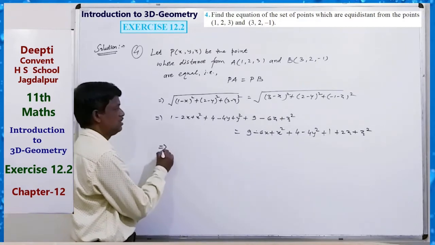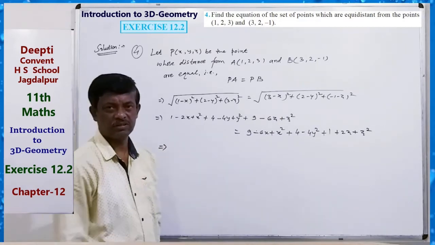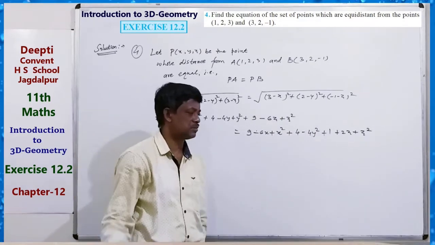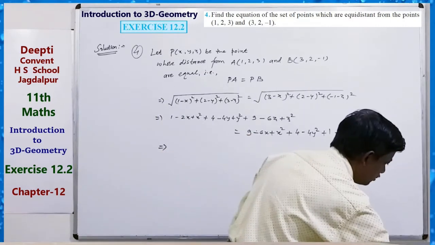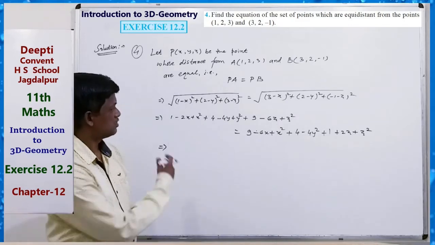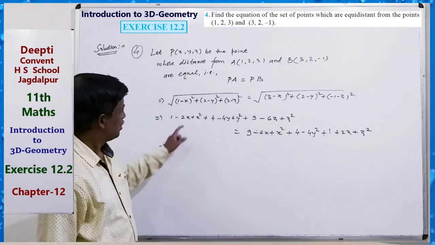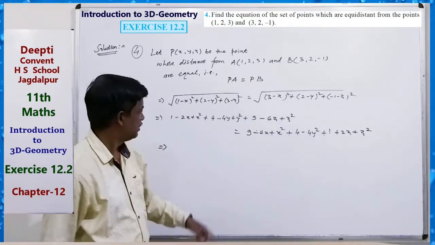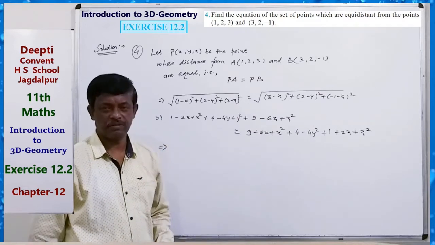Now cancel from both sides and solve. The x square, y square, z square terms cancel out, and the constant terms can be added.